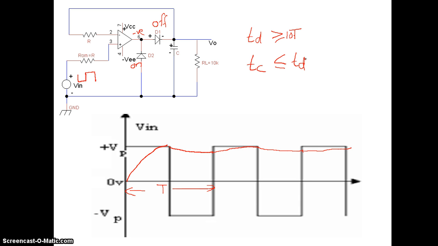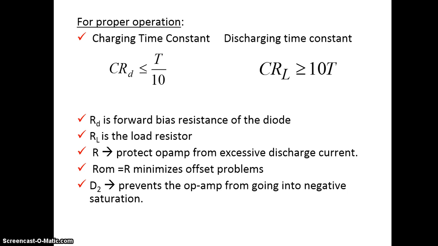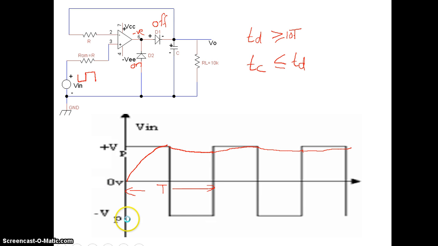So the peak voltage will be maintained there. See here, the charging time C RD is much less than T by 10, that is, one tenth of the period T.